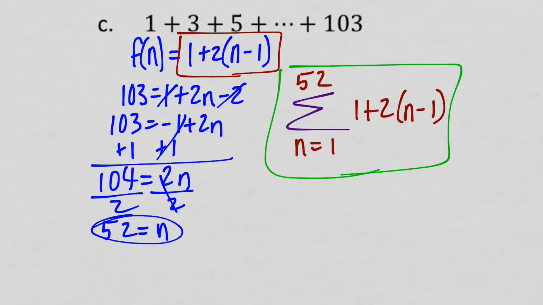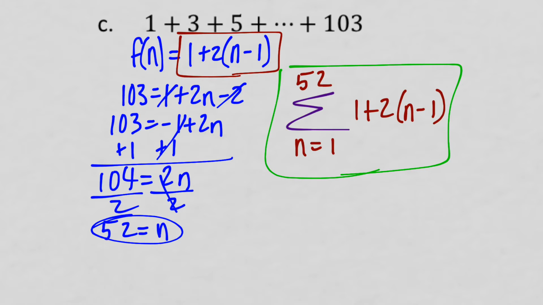Okay, here you go. Here is C. I came up with the rule 1 plus 2 times n minus 1 because the initial term is 1 and the common difference is plus 2. And I'm calling this one the first term, so n minus 1. Then what I did is I plugged in 103 into f of n so that I could figure out how many terms there are.